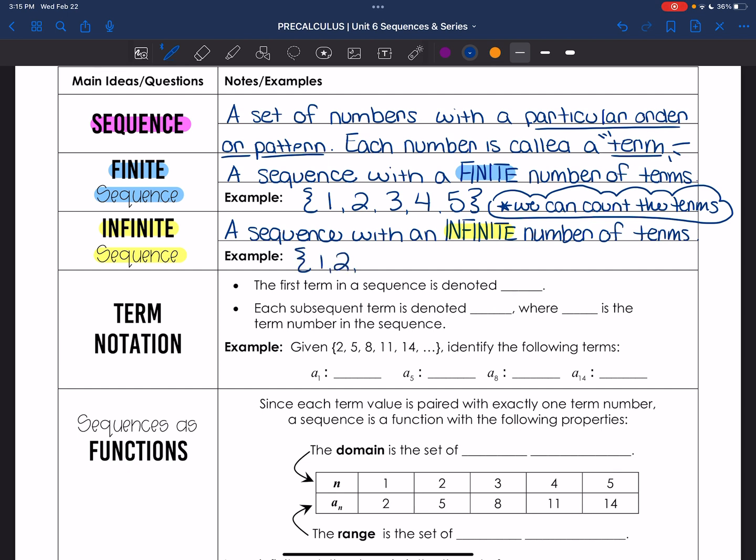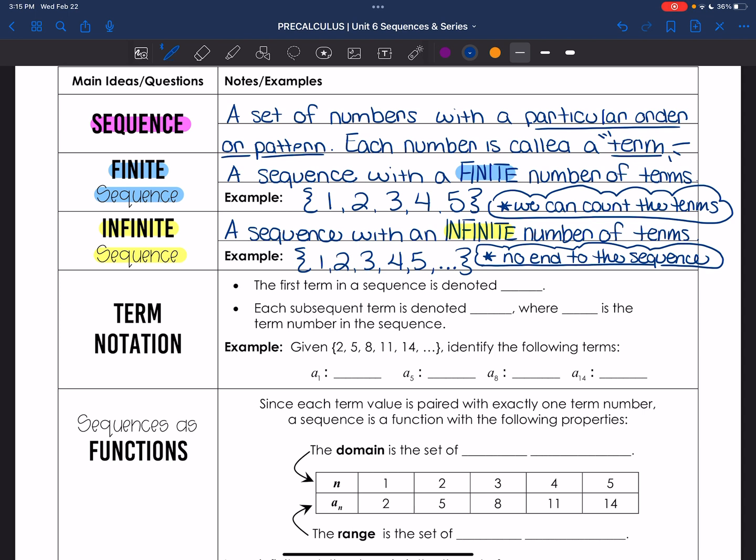Maybe this would be a good example because what we're looking at is there's no end to our sequence. I could not find the end or count the number of terms there. So this set right here is an example of an infinite sequence.